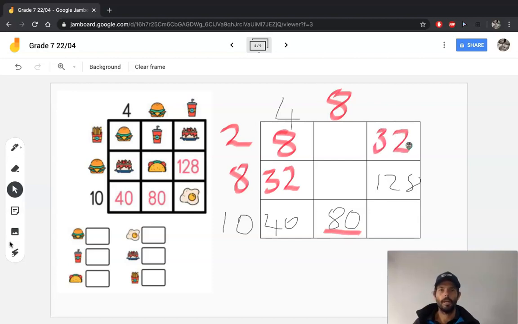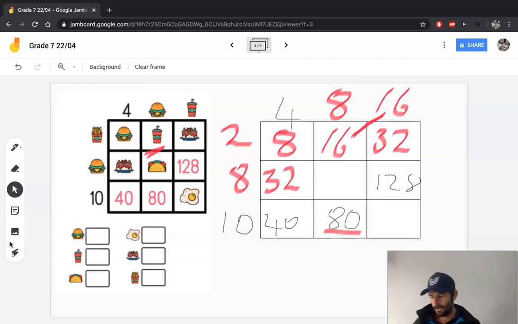Now I need to know 2 multiplied by 16 is going to give me 32. 2 multiplied by 8 is 16, so these two values need to be the same because they're the same over here.